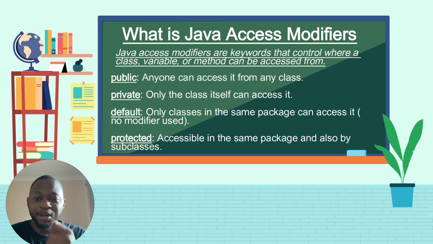And then we have our protected modifier. The protected keyword or modifier means that you can only access whatever you specified as protected in the same package, and also in your subclasses. And we'll touch later on subclasses when we talk about inheritance and stuff.